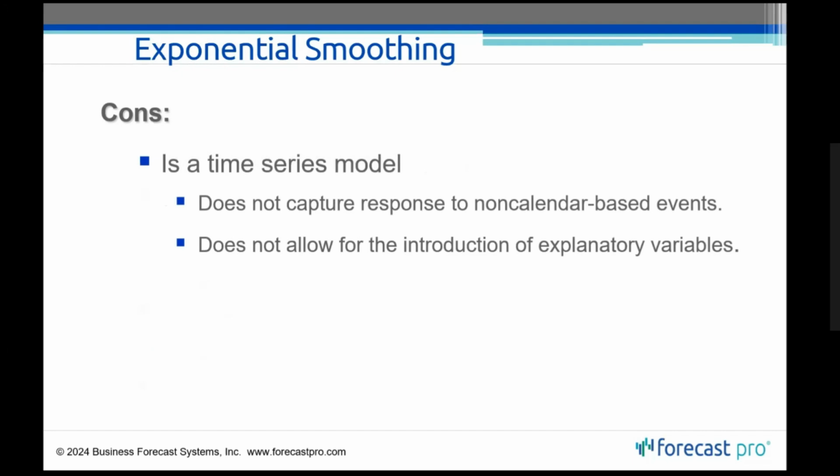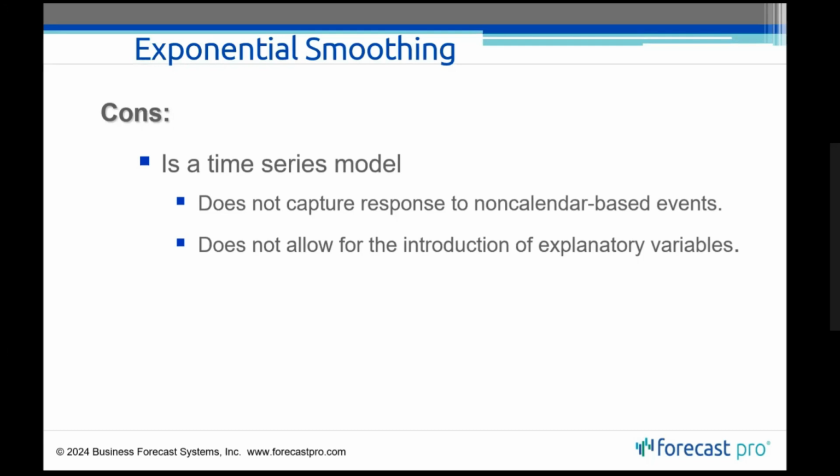So if I'm forecasting demand for a product, it's going to be based on what the historic demand has been for that product. Because of that, it's not going to capture things that are moving around the calendar. So let's say I promote this item, and there are times where I promote it in January, and maybe last year I promoted it in September, and next year I'm going to promote it in March.